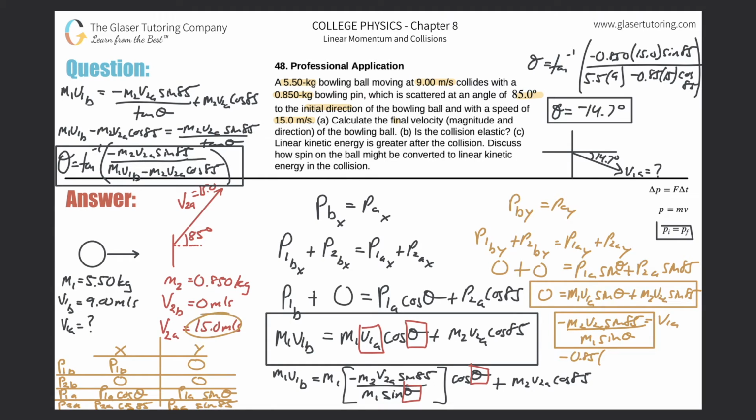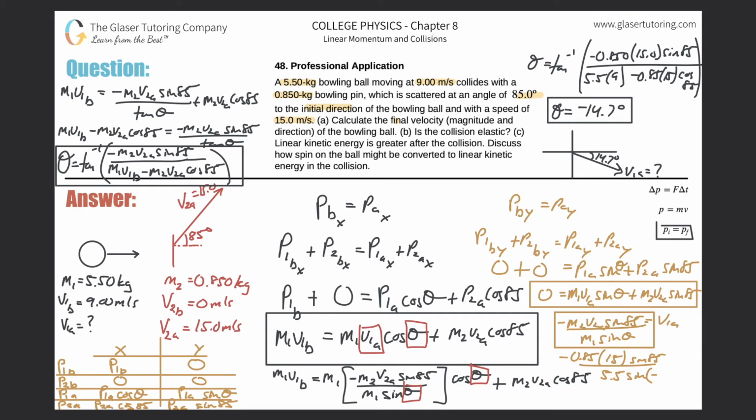V2A was 15. Okay, 15, sine of 85, all over M1, which was 5.5, times the sine of that angle of 14.7. Now, when you do this, you can plug in the negative value. That's fine. Or you can just leave it negative.